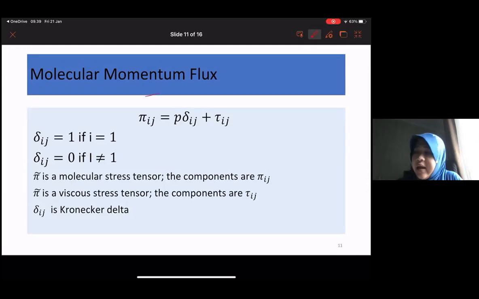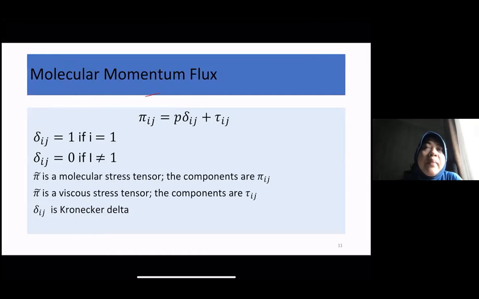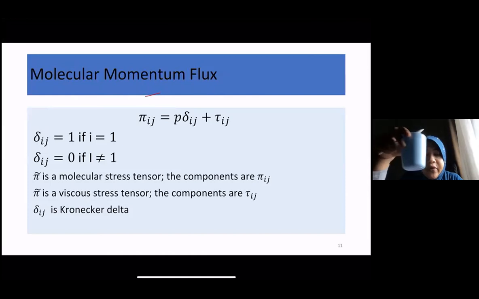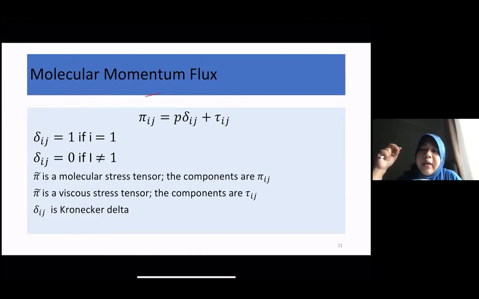This is the momentum flux which is caused by molecular motion. Sometimes we can't see it in the velocity, but you can understand molecular diffusion if, for example, you have just water, and then you drip in some ink, without any agitation.